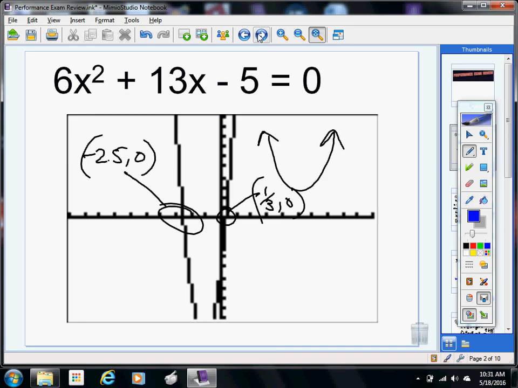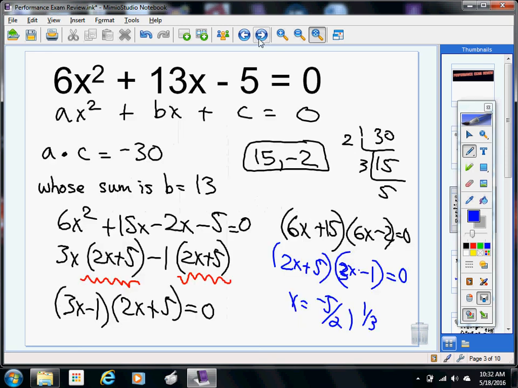What's going to happen in number 1 on the performance exam is you are going to have to choose 2 of the 4 ways to show that you know how to do something. Guys, there's 4 ways for solving equations. One way is graphing. Another way is factoring.